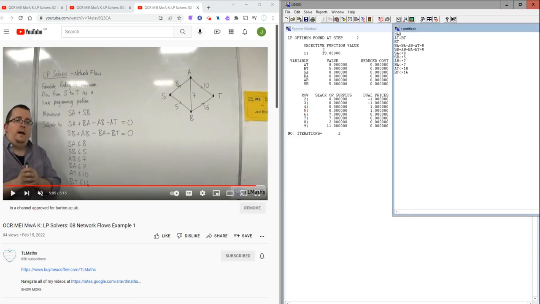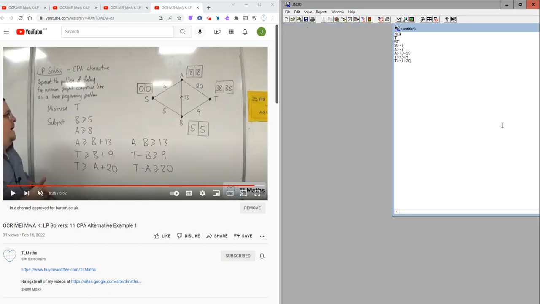You'll notice that it's still 13, and it's still got exactly the same values. AT is 8, BT is 5, SA is 8, SB is 5, BA and AB are both 0. Okay, so that is how we can interpret this for a network flow problem.